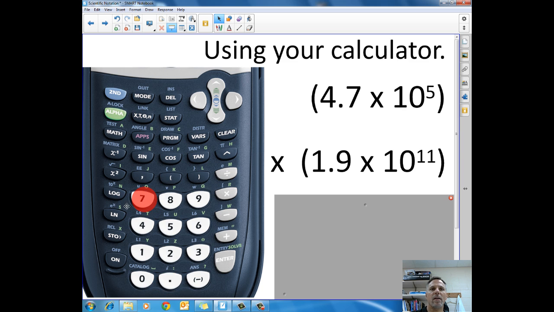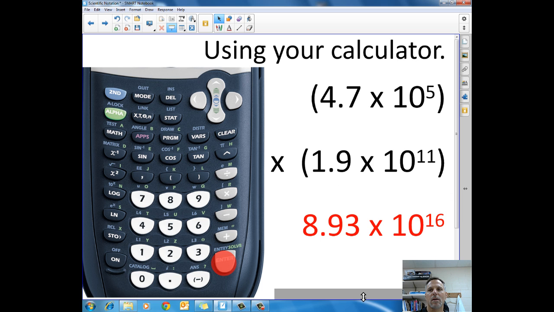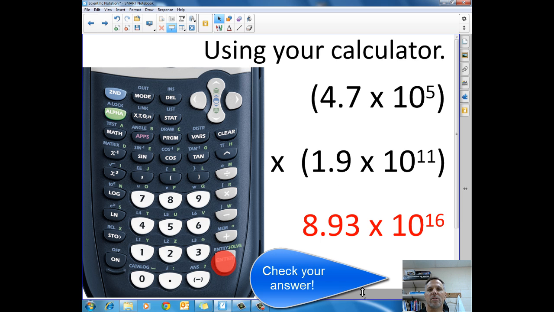And instead of hitting times 10, you will now go second function, EE, which means enter exponent, 5, multiply by 1.9 times 10 to that would be second function, EE, and then 11. When you press enter, you should get 8.93 times 10 to the 16th.